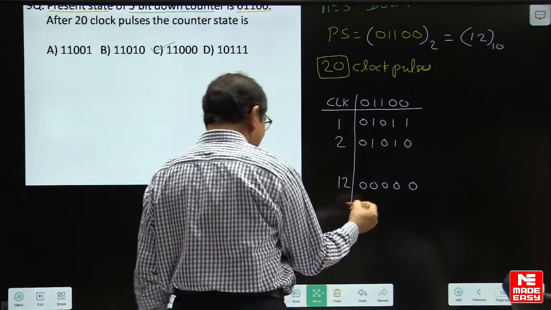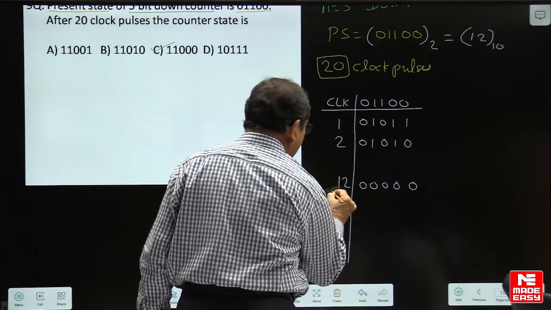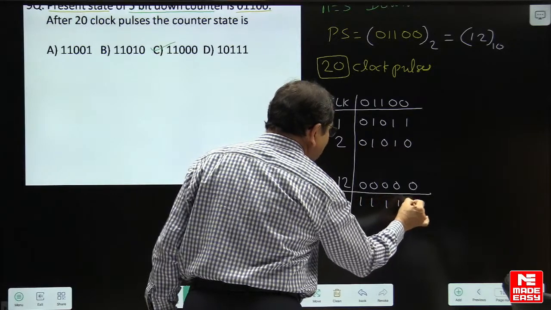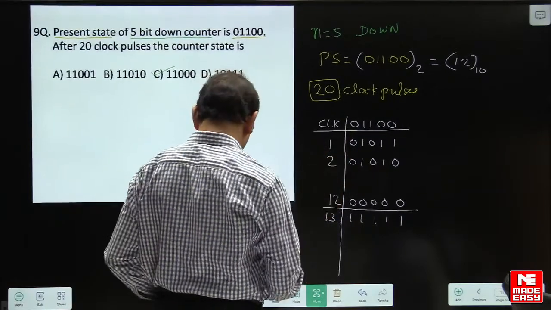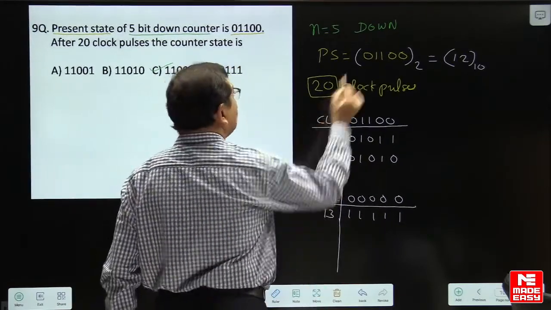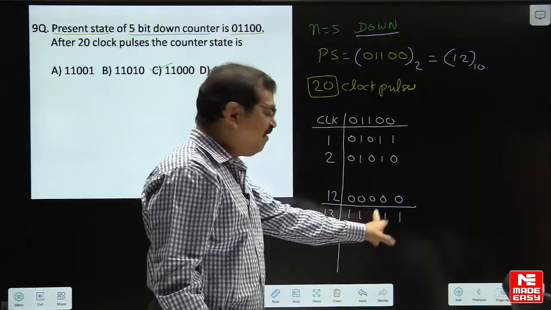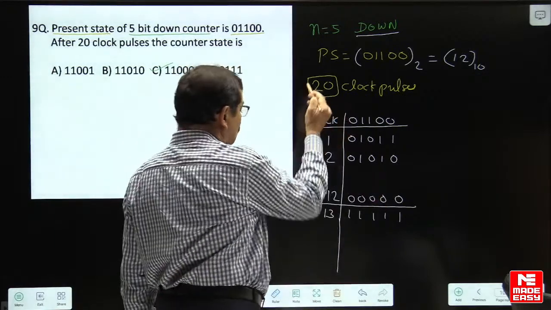When you apply the 13th clock pulse, all the bits are set to 1 because it is a down counter, very important. After the 13th, all the bits will be 1. Our question is after the 20th clock pulse.